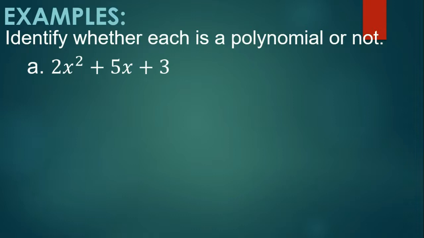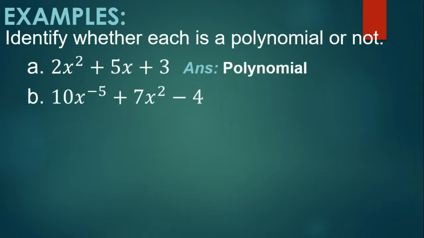Kapag nakita mo na lahat ng exponents ng mga variables ay positive integers, definitely it is a polynomial. So in example A, as we can see, lahat ng variables ay naka-raise sa positive integers. Si x, mayroong variables na 2 and 1, definitely that is a polynomial.